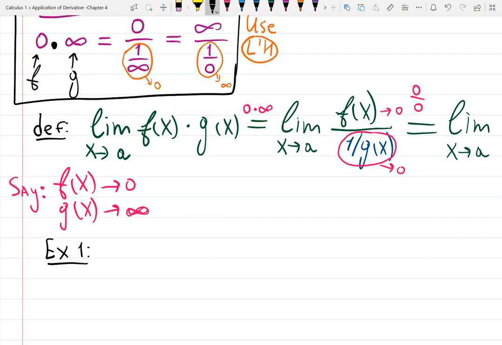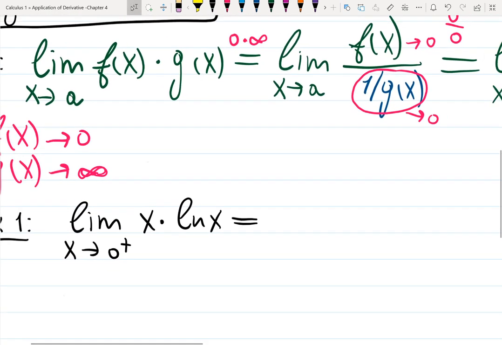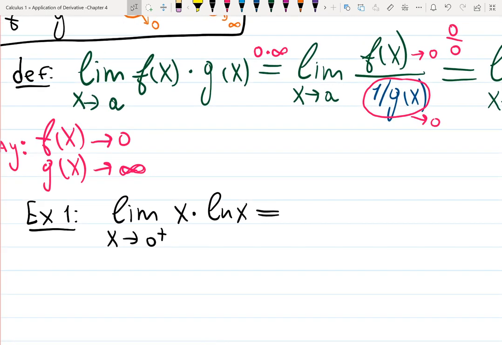Example 1. And this is a classical example with x approaching 0 from the right, and x is multiplied by natural log of x. You see this example in many places because it's very convenient to explain this idea. So x at 0 is 0, but natural log, which can approach 0 only from the right, is negative infinity.